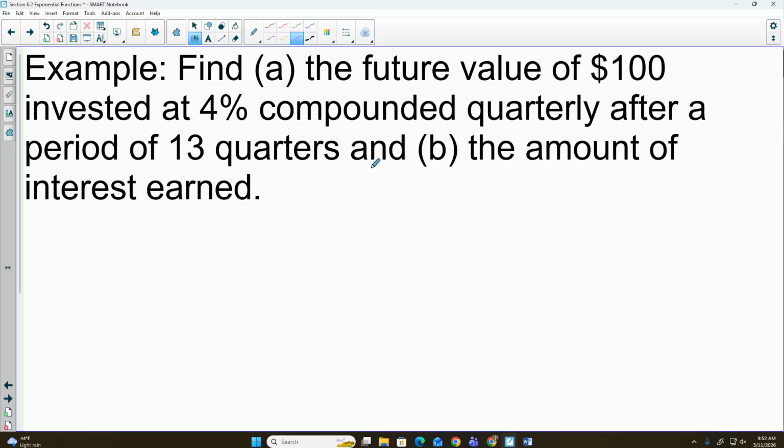The only time I use the second formula is if I say compounding continuously. This isn't continuous, so it's the first formula. So that means my variables are A, P, R, N, and T.